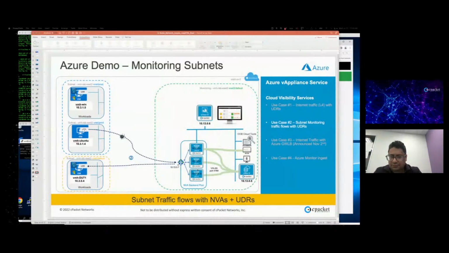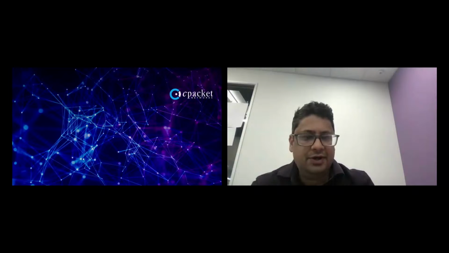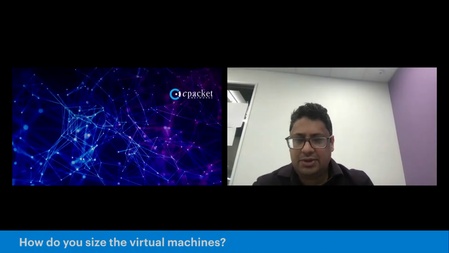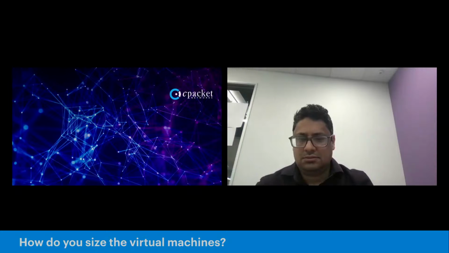The preferred way is to add another CView, so you can just scale this out. Hopefully that answers the question. So it's 30 gig as a minimum, and whatever beyond that depends on the size of the back-end pool and the kind of traffic you're talking about.